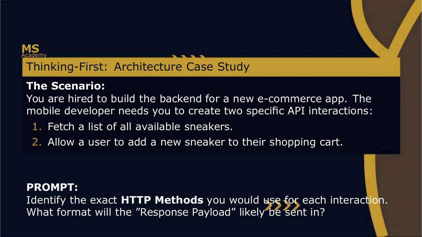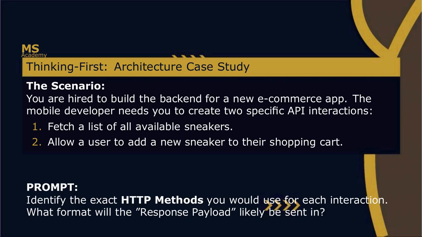So now let's have a scenario, a thinking scenario. Think first, architecture case study. So the scenario is that you are hired to build the backend for a new e-commerce app. The mobile developer needs you to create two specific API interactions.